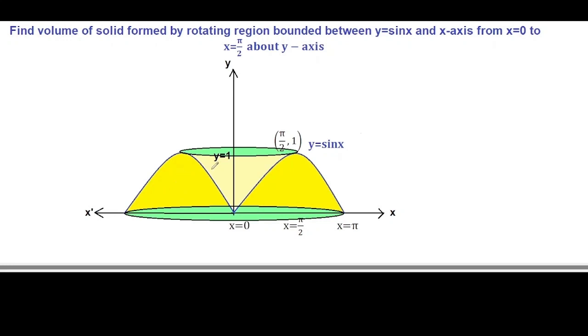Now according to the disc method, we need to take the cross sections of this solid perpendicular to the axis of rotation. Here the axis of rotation is the y-axis. So we need to take the cross section of this solid perpendicular to the y-axis. We will get two different circles for the cross sectional part.